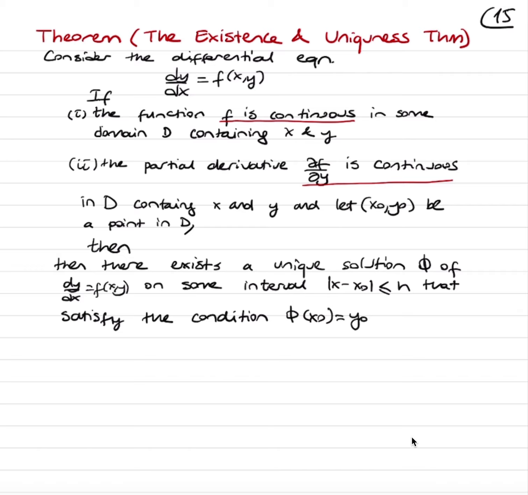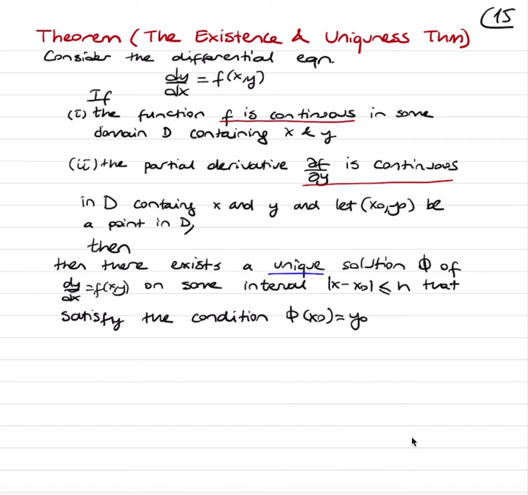So the continuity of f and its partial derivative is enough for the existence and uniqueness. Unique means there is only one solution.